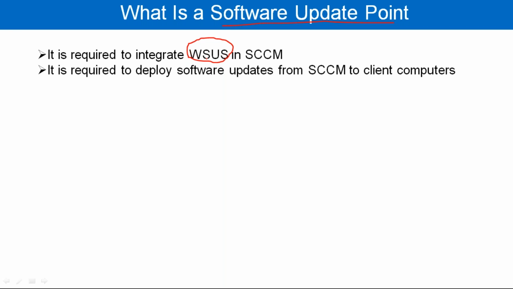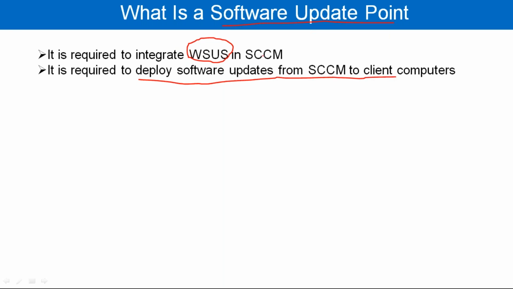To deploy software updates to your target computers or all the computers in your company, you need WSUS. And to integrate WSUS in SCCM, you need software update point. So using this software update point, you can deploy software updates from SCCM to client computers.